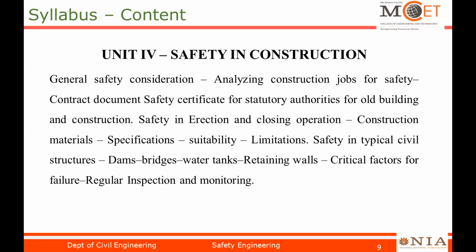Then also we will go through the topics such as the general safety consideration, analyzing construction jobs for safety, contract document, safety certificate for statutory authorities for old building and construction, safety in erection and closing operation, safe construction materials, then specifications, suitability limitations, and also safety in the typical civil structures such as the dams, bridges, water tanks, and retaining walls, critical factors for failures, regular inspection, and monitoring. So the fourth unit is mainly about the standards to be followed in the construction field. That is the safety measures to be followed in the construction field.